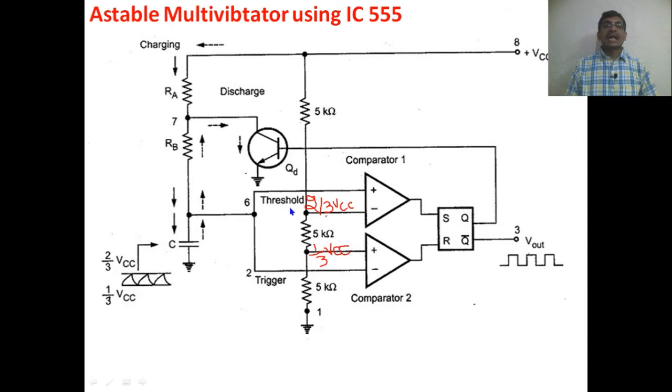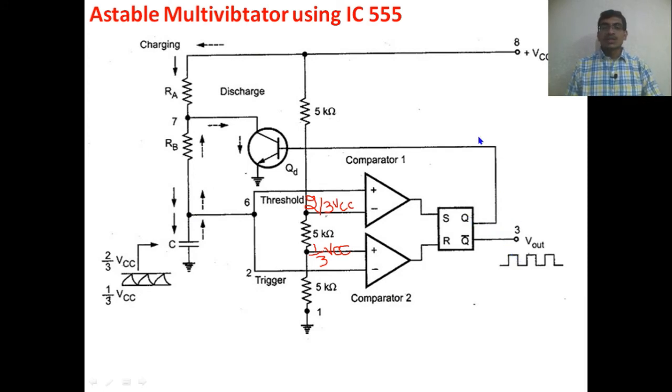Let us see the operation of the astable multivibrator using IC 555. Initially we are assuming the capacitor is in the charging state. At that time Q is equal to 0 and Q bar is equal to 1. We are assuming that the output is at logic 1 level.